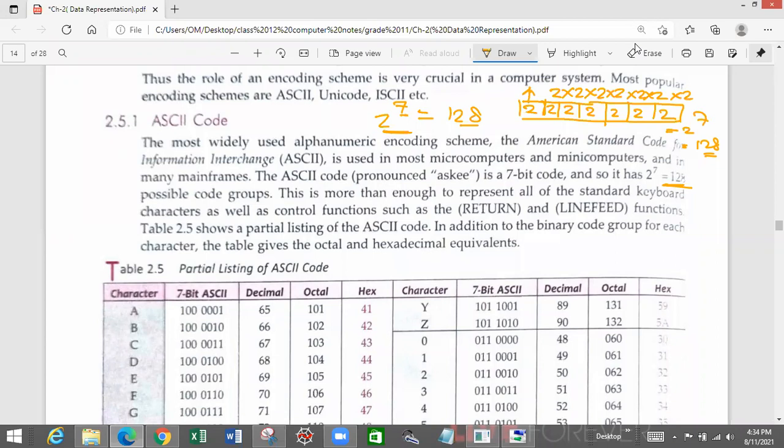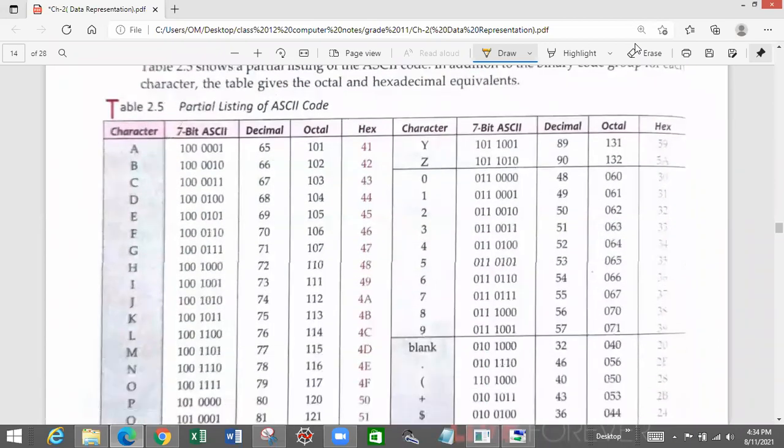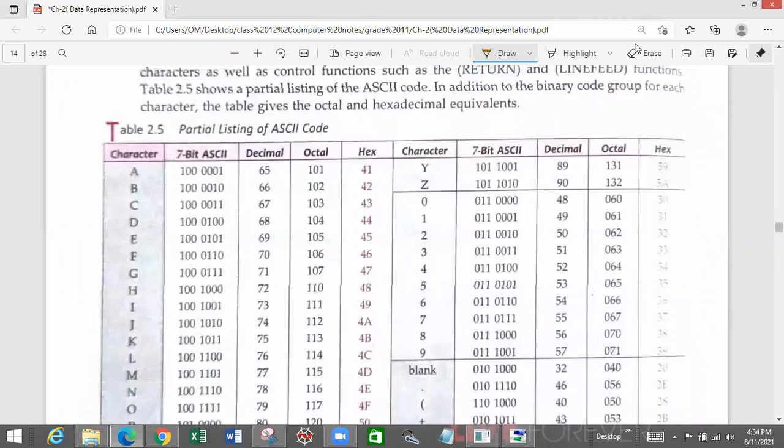Now here in this list, you will see all the codes. Characters are written here, and their 7-bit ASCII value is given there. In decimal, what is their value? In octal, what is their value? In hexadecimal, what is their value? Depending upon the scheme used, we are using ASCII, so these values will be utilized.